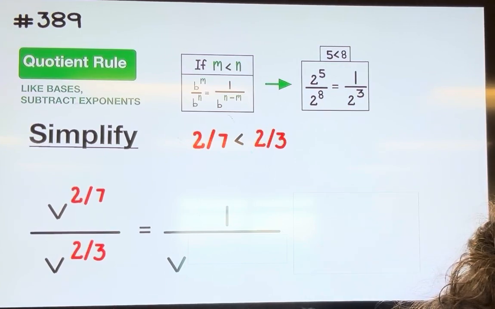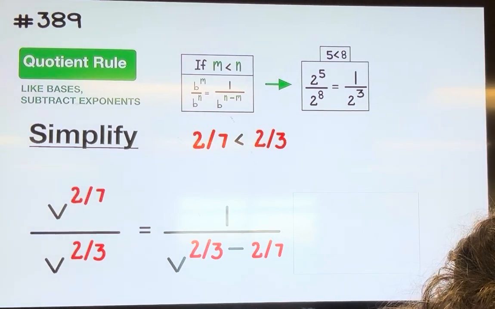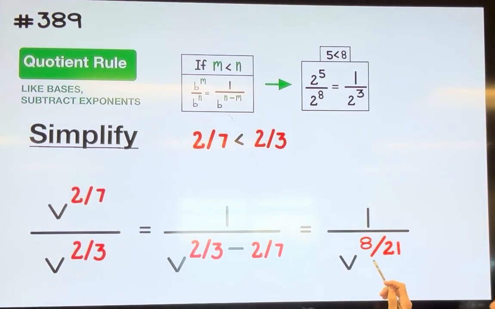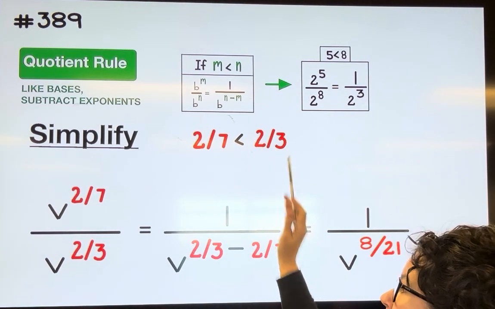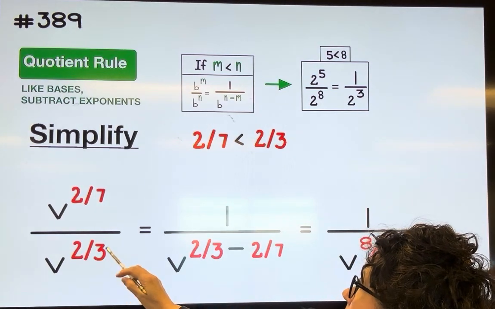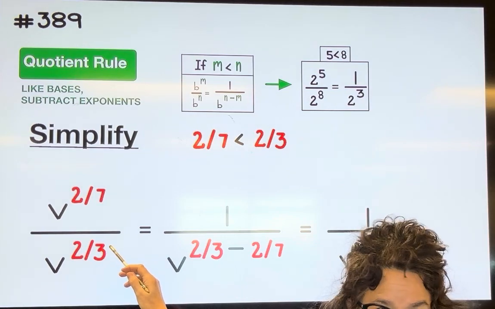So let's go ahead and take 2/3 minus 2/7, and I end up with 8 over 21. So this is 1 over v to the 8 over 21. In your notes, I would recommend adding in 2/7 is less than 2/3, or writing something just like a little arrow to the 2/3 and write bigger.